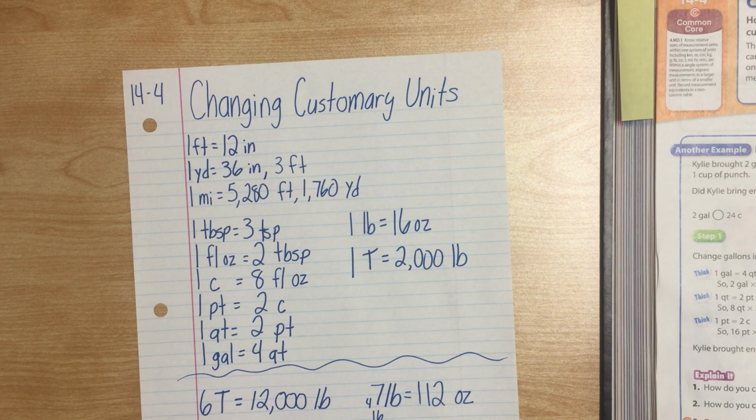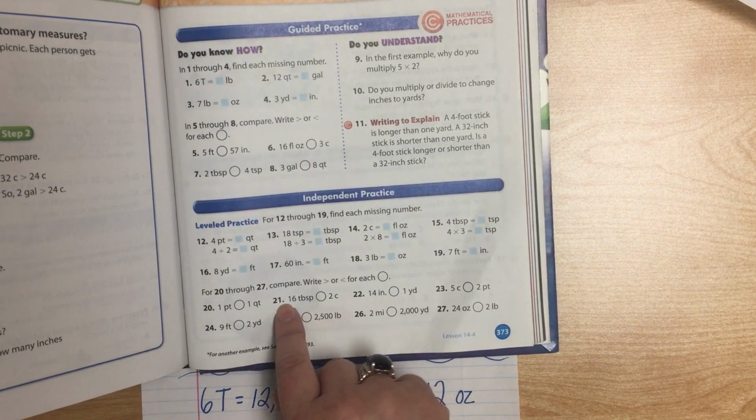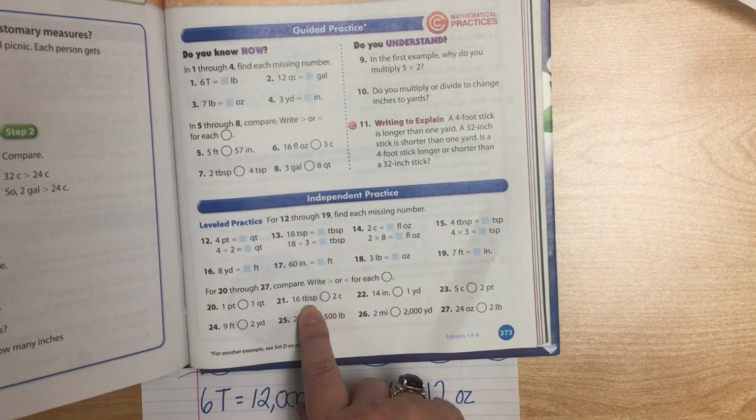Okay? Sometimes you'll have to divide, sometimes you'll have to multiply. Sometimes you're going to have to convert both. I want to direct your attention to number 21, where it says 16 tablespoons and 2 cups.